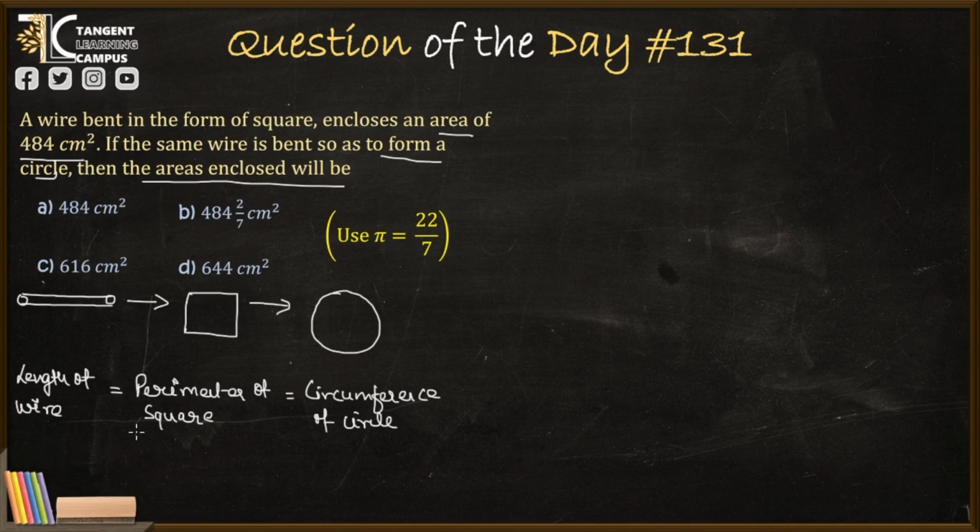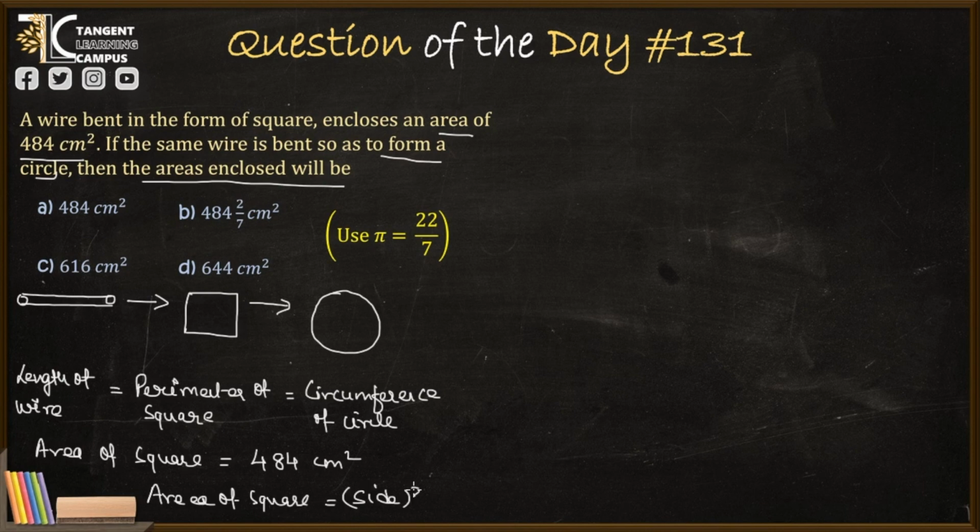So let's start with the given things here. First of all, area of a square is given as 484 square centimeter. So from here we can find out the side of square. We know that area of a square is equals to side square.